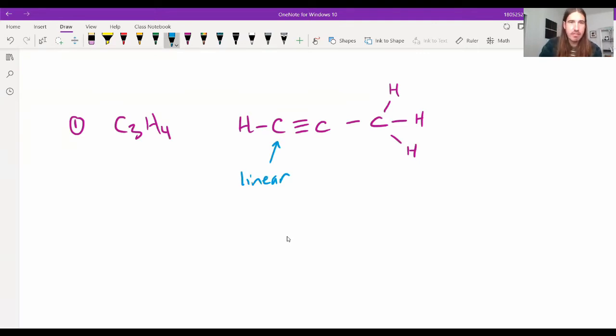So right now, thinking about which atoms would be in the same plane, we have those 3 definitely in the same plane. We also have this second carbon, the middle carbon, being linear. So now we extended the plane to all 3 carbons.